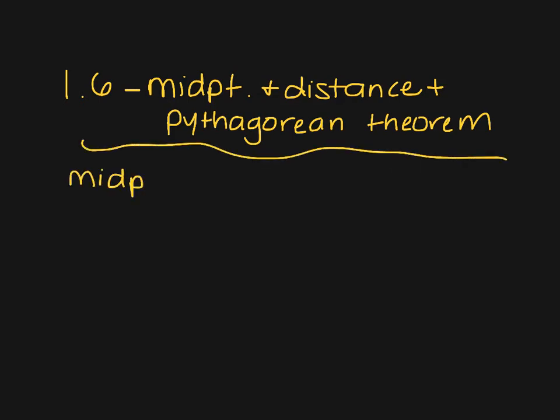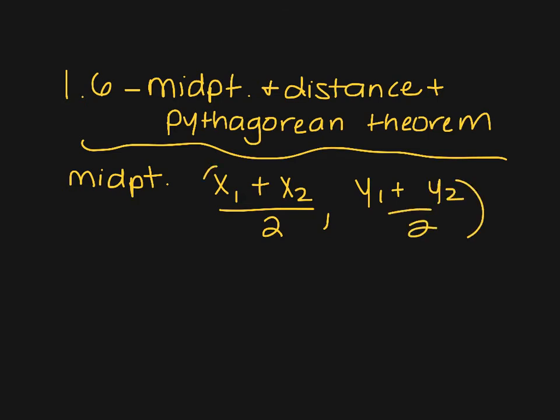The first is the midpoint. To find the midpoint of a segment when you're given two endpoints, you would add the endpoint of one, so x1 plus x2 and divide it by 2, and then y1 plus y2 and divide it by 2. So again, that's if you're given two points like x1, y1, and x2, y2.